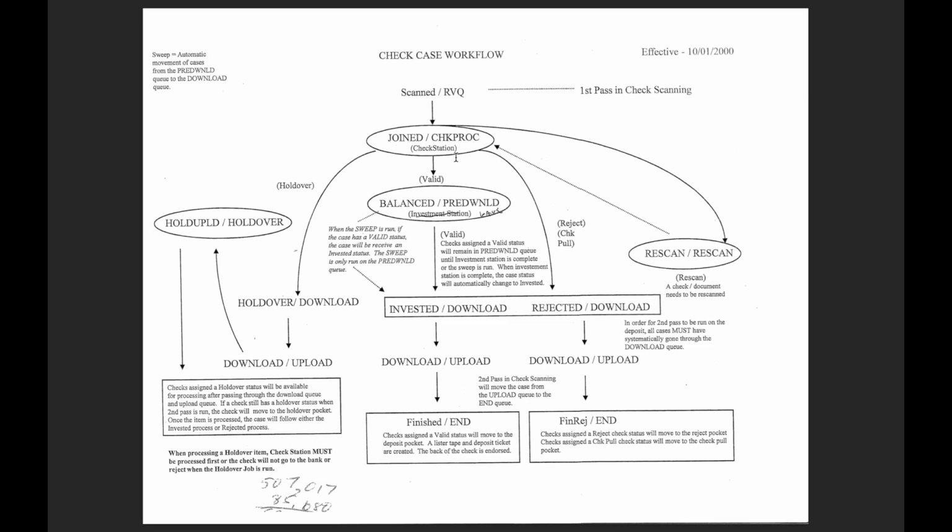This is our program, and when you select rejected, in order to second pass run the deposit, all cases must have systematically gone through the download queue. This is our queue, and when it goes to the reject queue, the status automatically changes from download to upload, and then final reject, and then it's going to be end queue.